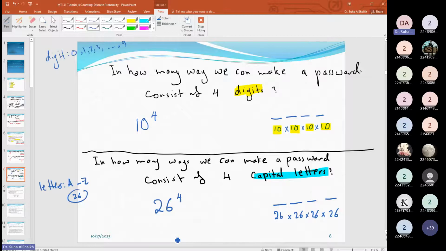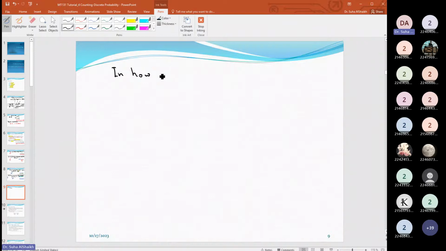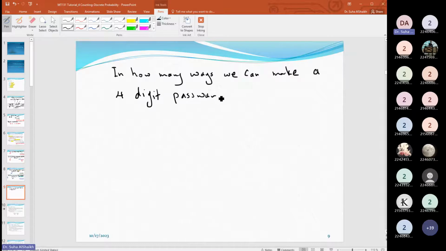Let's do one more example, a more challenging one. In how many ways can we make a 4-digit password without repeating digits?